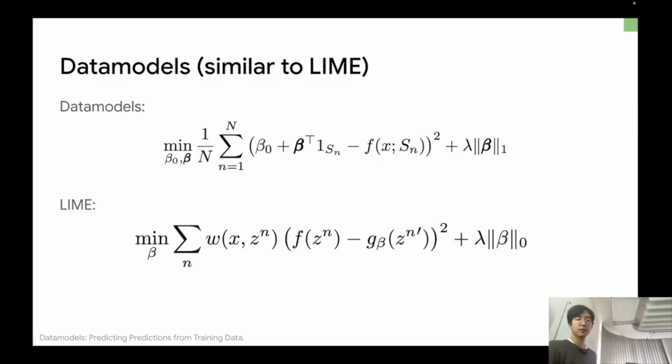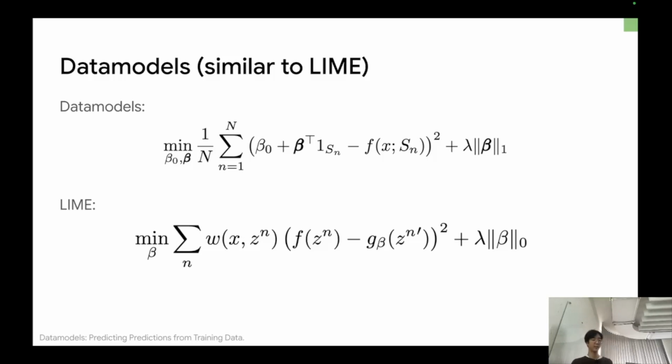Right. So I put data models and LIME apples to apples here. They look very similar, right? You have this approximating function g_beta here, and then you have the ground truth, which is given by this after retraining. And for LIME as well, you have the ground truth here and the approximation here. Maybe the only difference is that for LIME, you are using some kind of weighting scheme to make sure that the perturbed inputs are local.